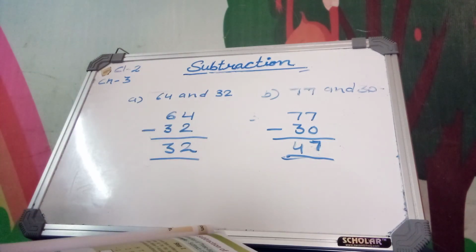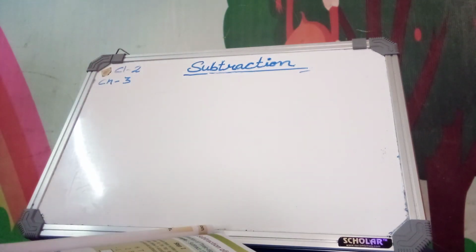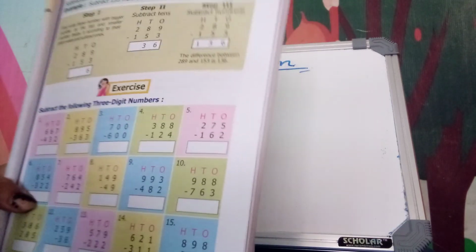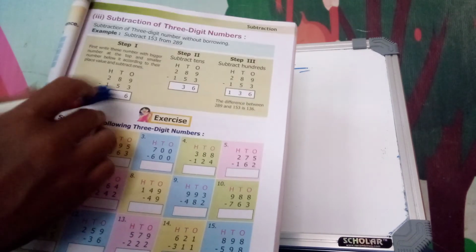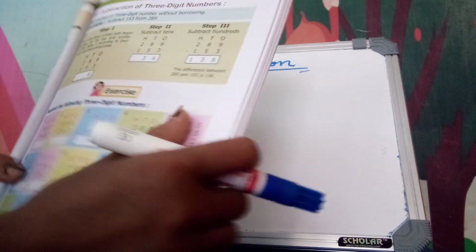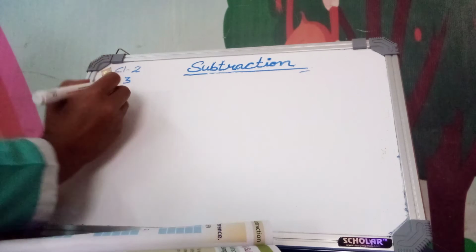Here are 3-digit numbers. How to subtract 3-digit numbers? Firstly, we have to subtract ones, after that tens, then hundreds. Okay. Exercise: subtract the following 3-digit numbers.